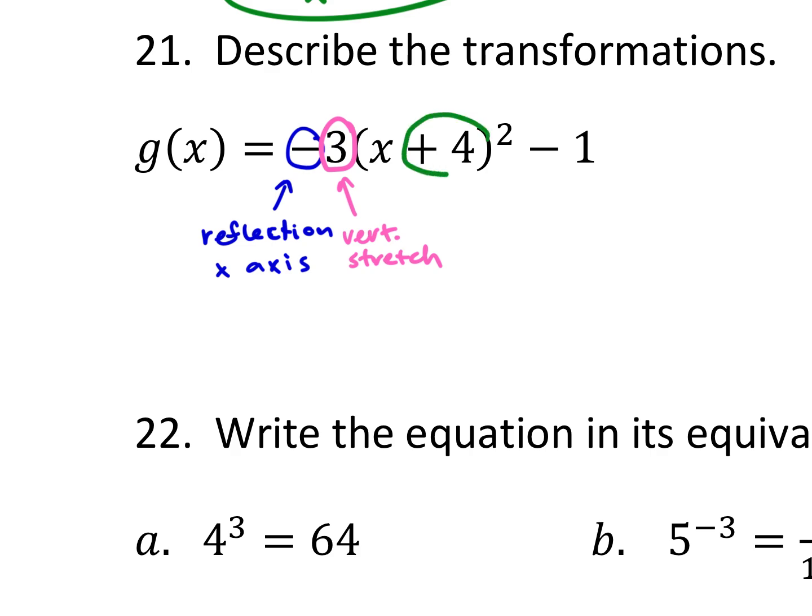What about adding 4 on the inside? Which way does that move our graph? Adding 4 on the inside is left, perfect. So left 4. And then subtracting 1 on the outside, down 1.